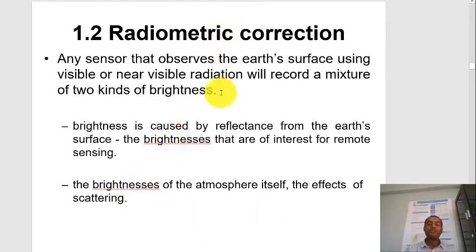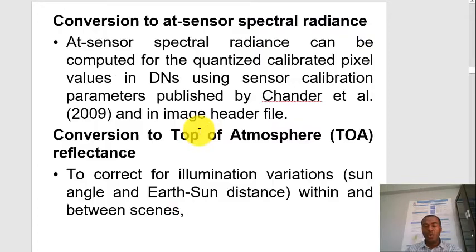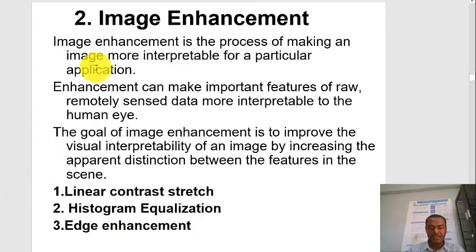So once we do that, we can go on our analysis. There are several procedures to do radiometric correction. It's called conversion to at-sensor radiance, conversion to top of atmosphere reflectance, and the like. So this is beyond the scope of your subject, so you may neglect this step.